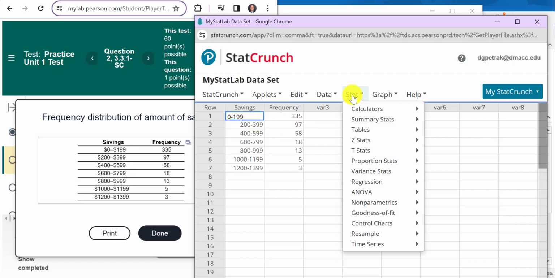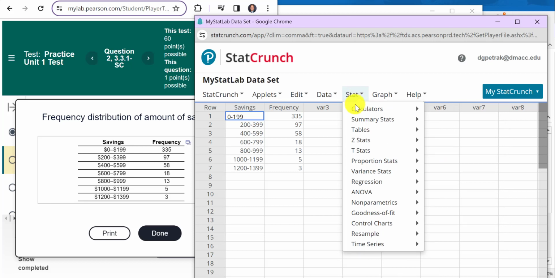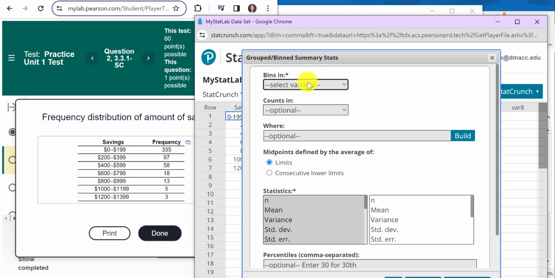So I'm just going to go Stat, Summary Stats, Grouped Bin Data, sorry. So the bins are in the savings and the counts are in the frequency.